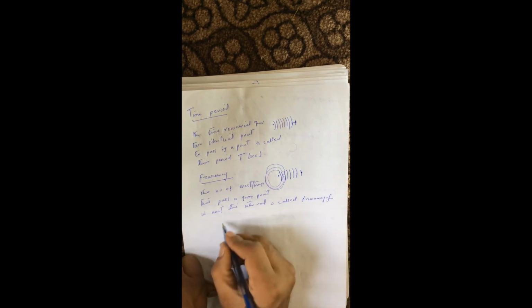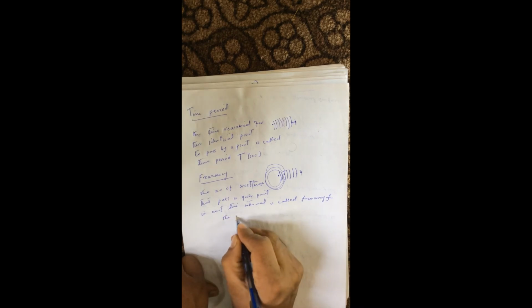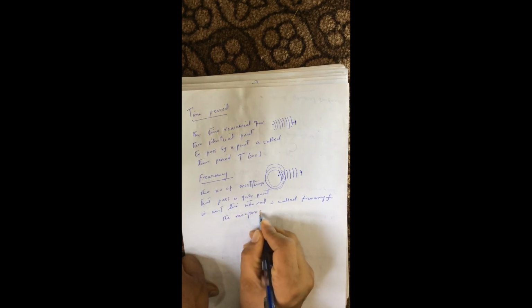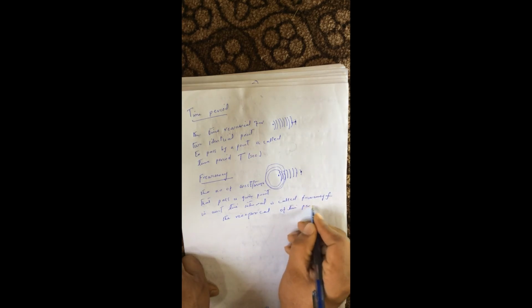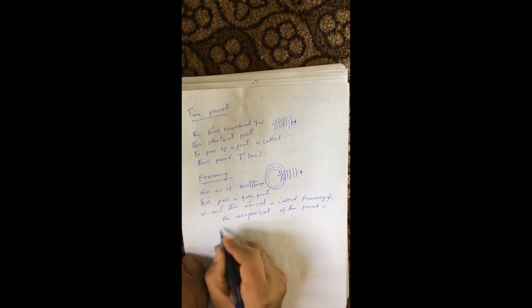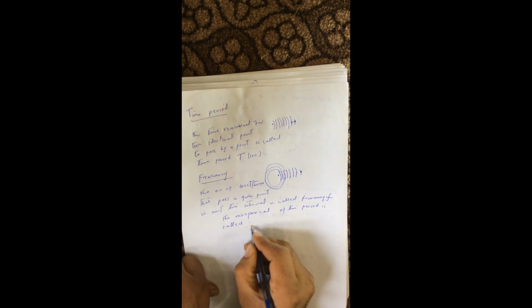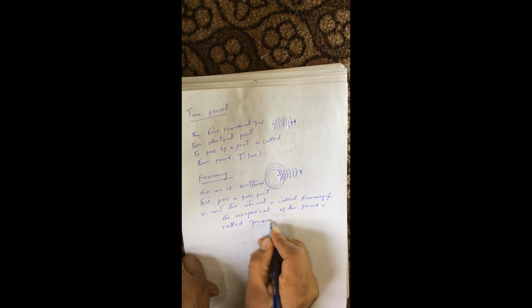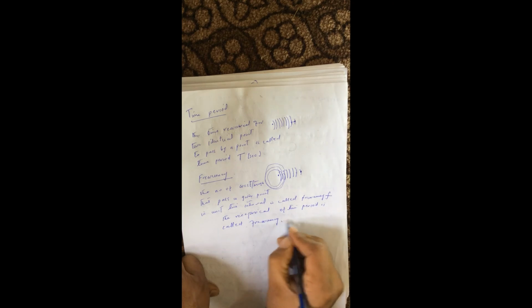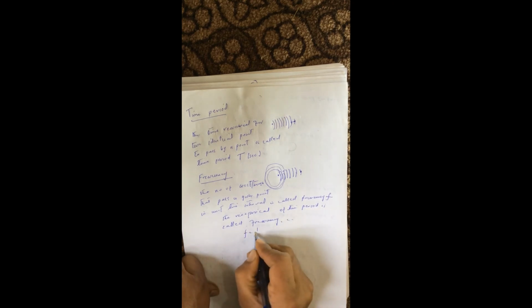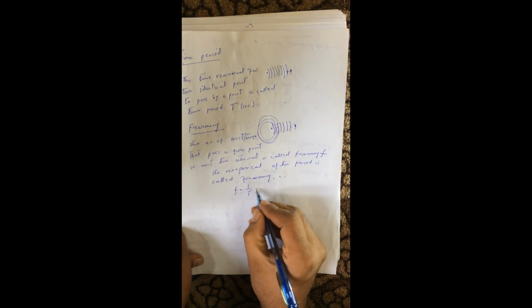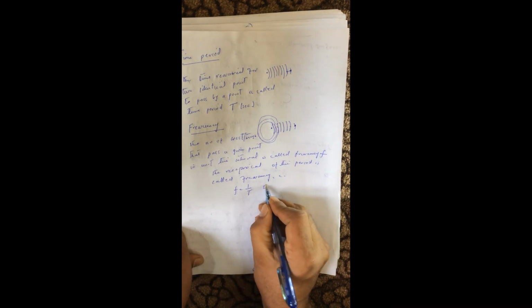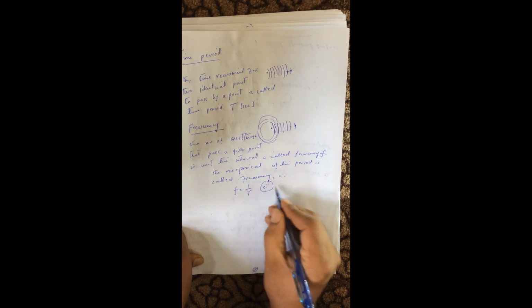We can define frequency as the reciprocal of time period. Now time period has a unit second, so the frequency unit will be second inverse, which we also call hertz.